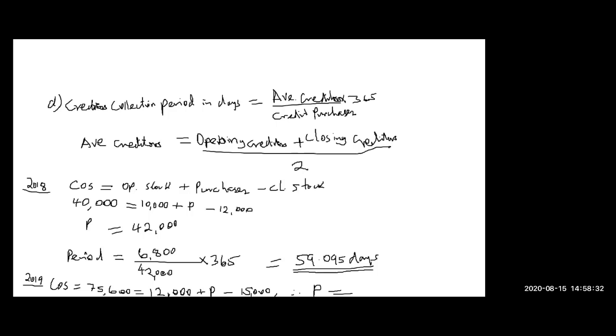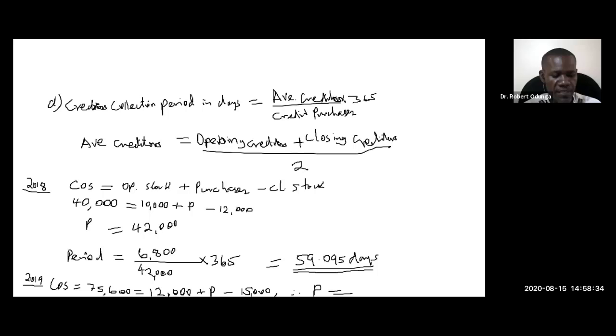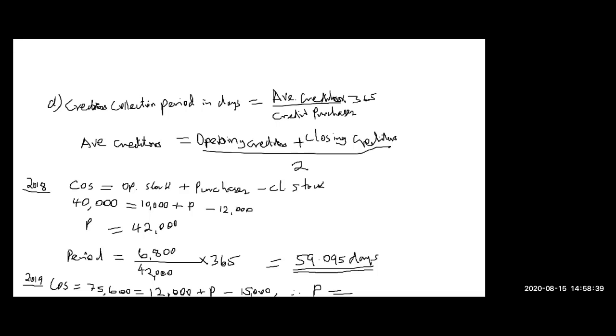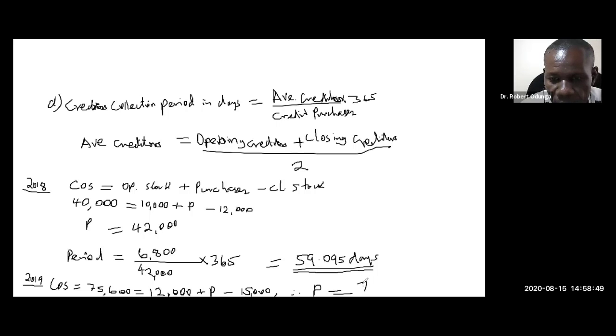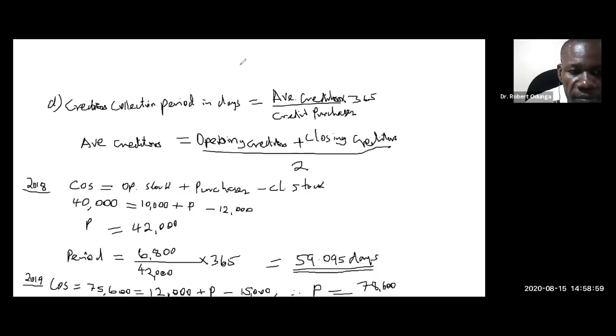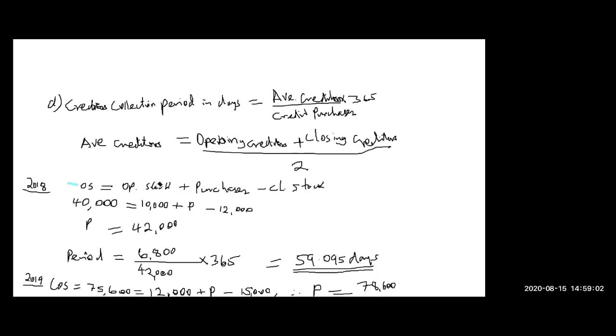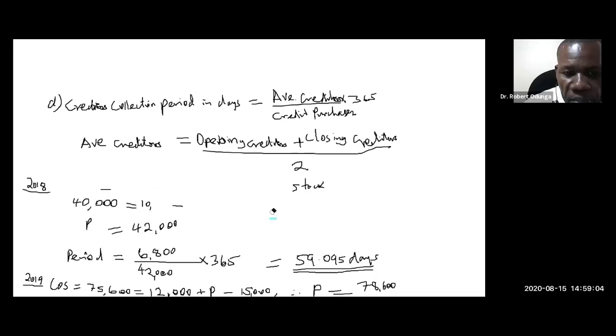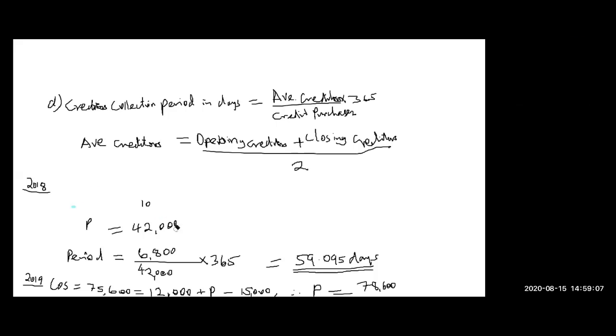Yes. 75,600 plus 15,000 minus 12,000 is 78,600. So that is our P for 2019.